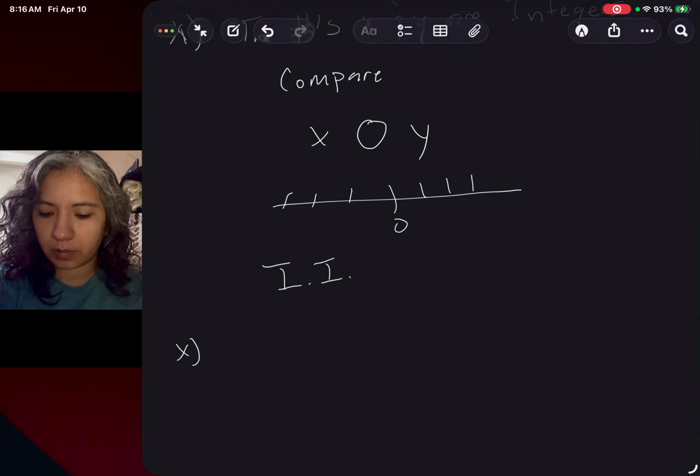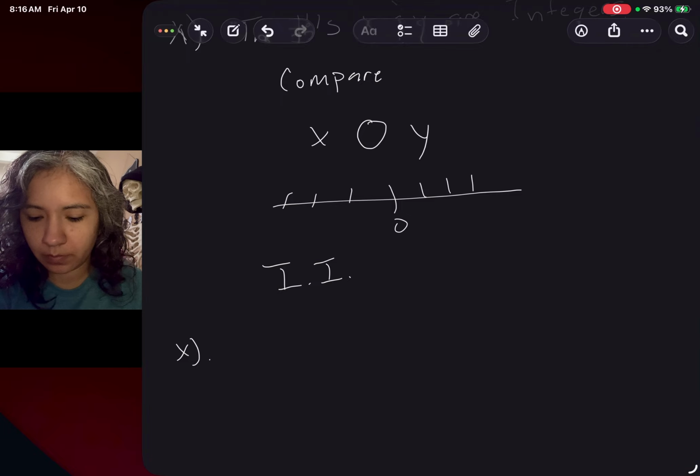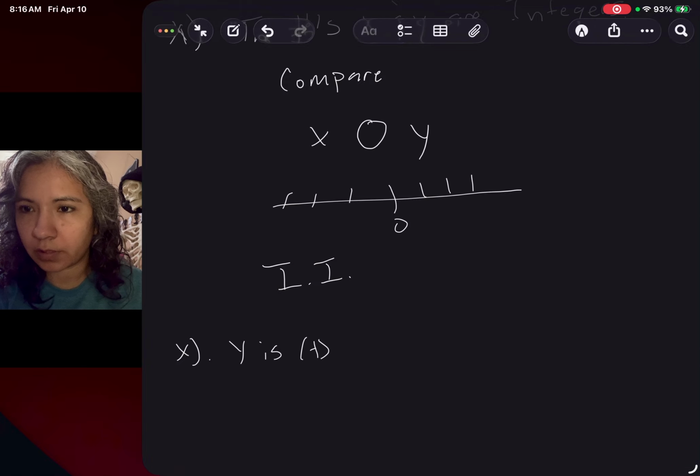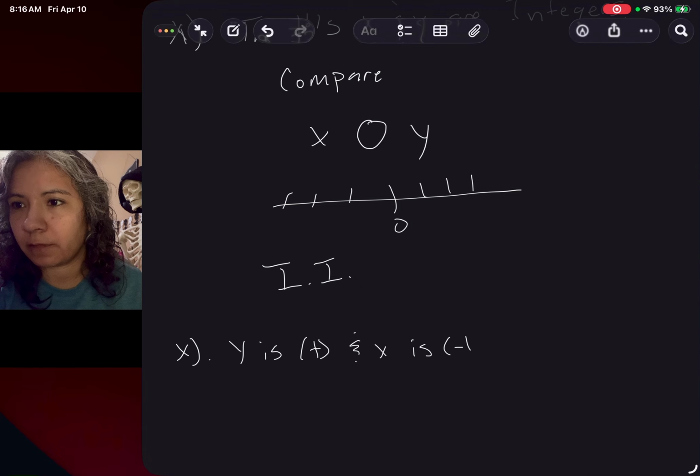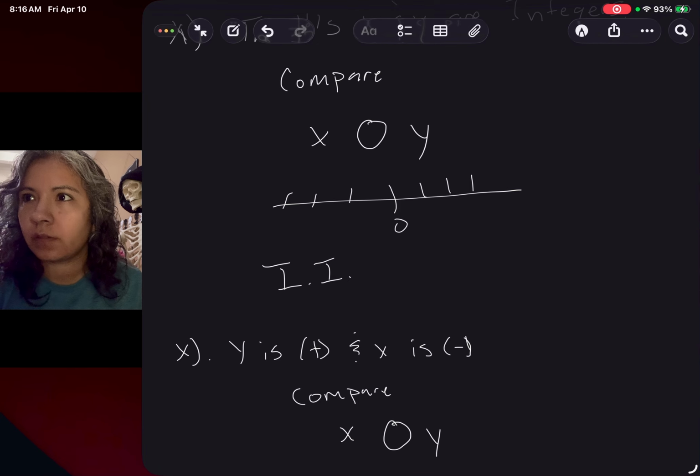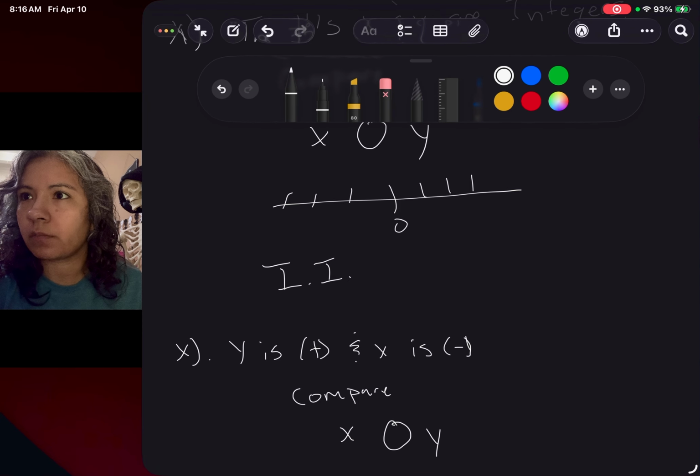For this problem, let's say y is positive and x is negative. So now let's compare. So let's look at this number line.